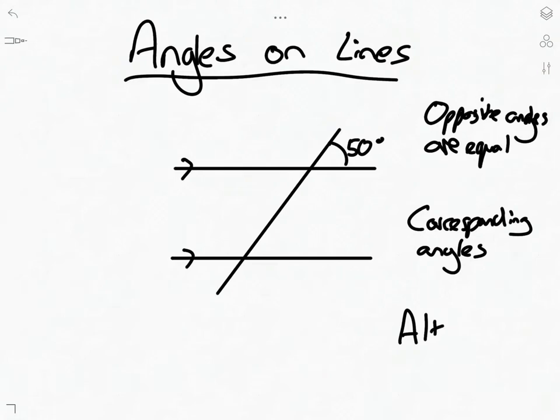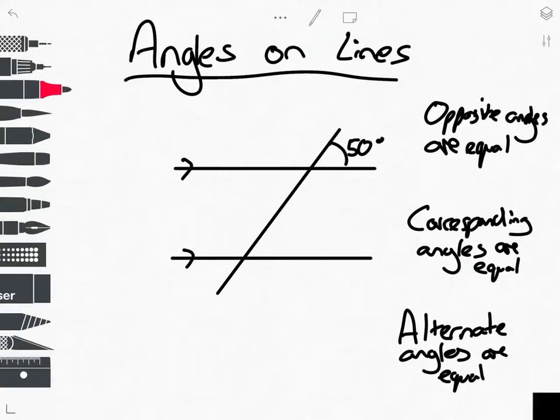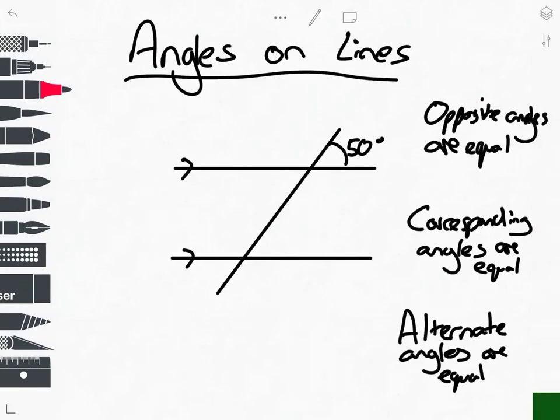And alternate is the last one. You need to be able to remember these 3 rules, because when you do any questions with angles, it always asks for a reason. So you need to be able to give these names. And the rule is that they're all equal. You just need to know what they are. So corresponding angles, alternate angles, opposite angles, they're all equal to each other.